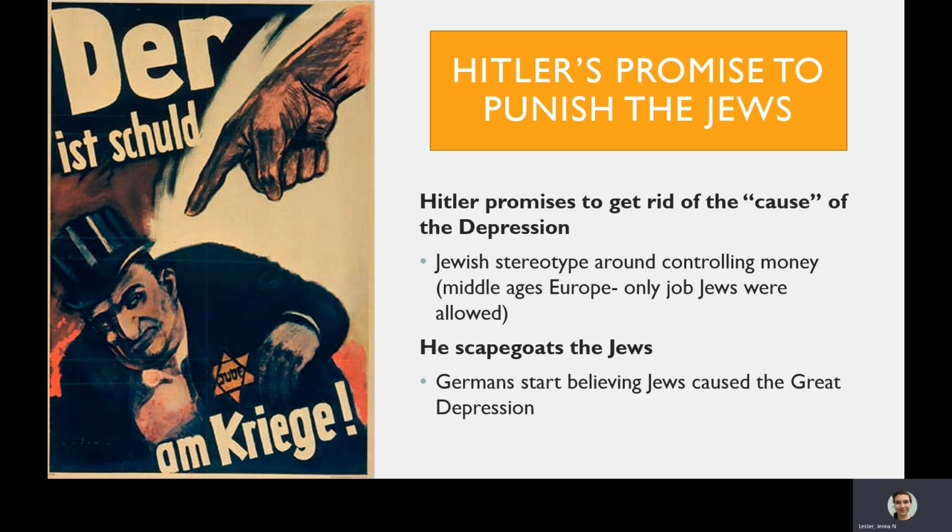This comes from the Middle Ages, where the Roman Catholic Church told Europeans and Christians that they weren't allowed to handle money, but there's nothing in Judaism that says you're not allowed to handle money. So working in banks and giving loans was the only job Jews were allowed to have.